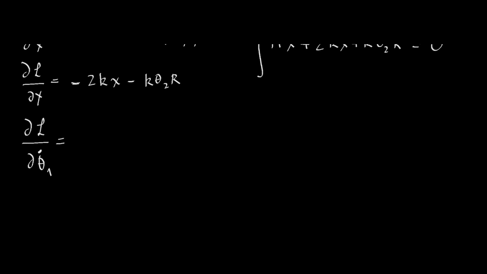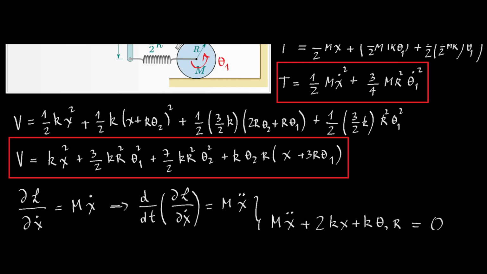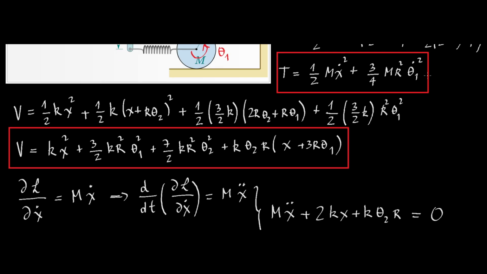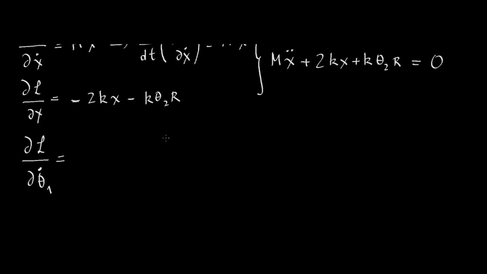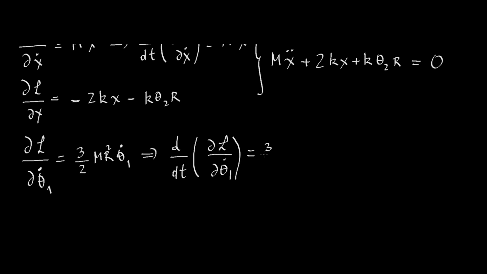In our case, if we analyze the expressions of the kinetic and potential energy, well, again, the theta 1 dot only appears in the expression for the kinetic energy, and the result is here 3/2 m r squared theta 1 dot, which implies that the total derivative with respect to time of this partial derivative is simply 3/2 m r squared theta 1 double dot.